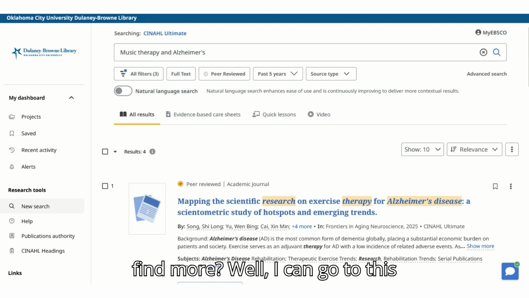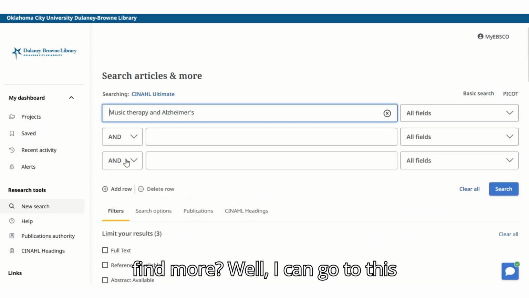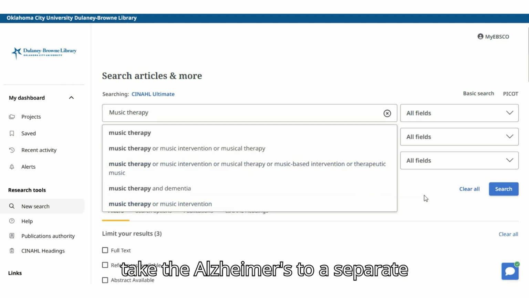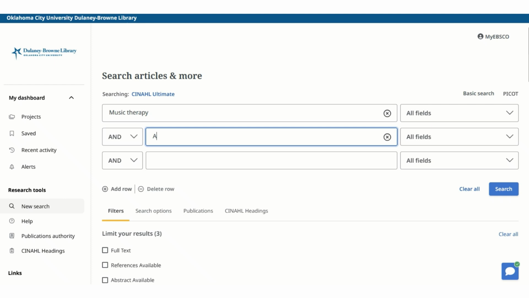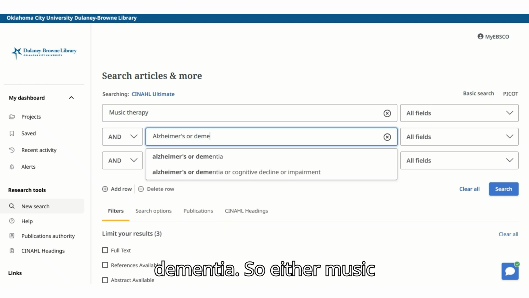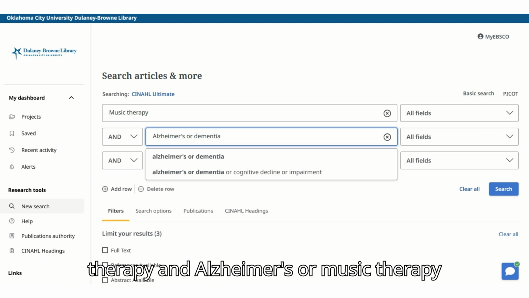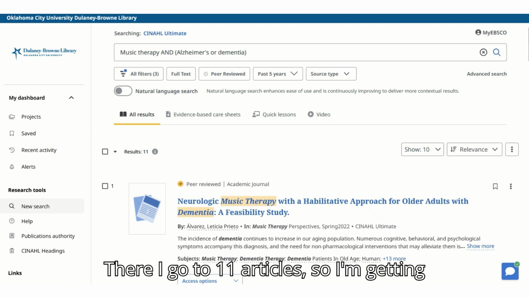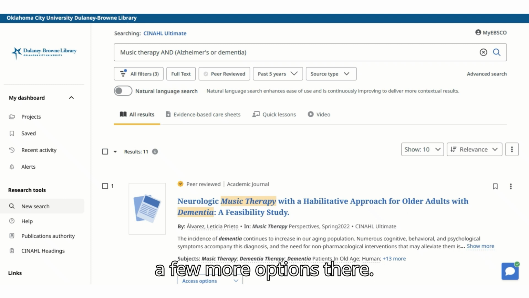So how can I find more? Well, I can go to this advanced search and take the Alzheimer's to a separate row and then put an OR. So let's say OR dementia. So either music therapy and Alzheimer's or music therapy and dementia. That's what the OR does. There I go to 11 articles. So I'm getting a few more options there.